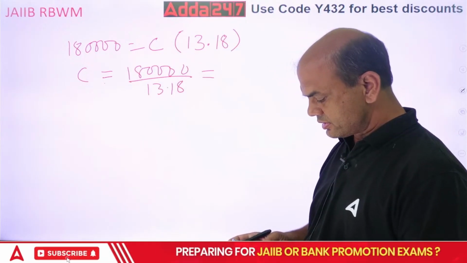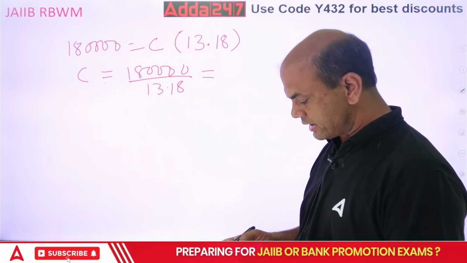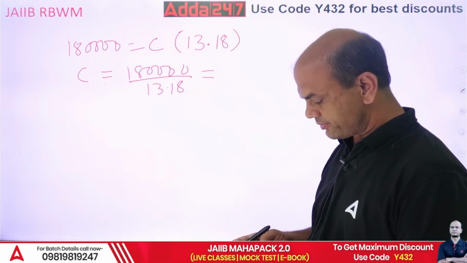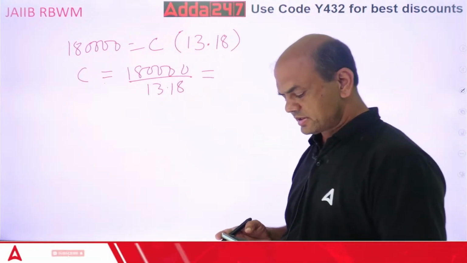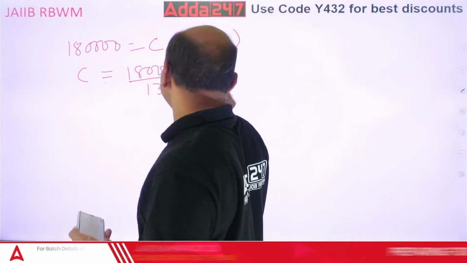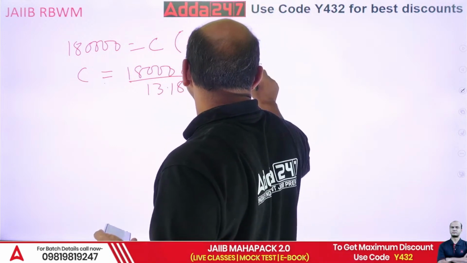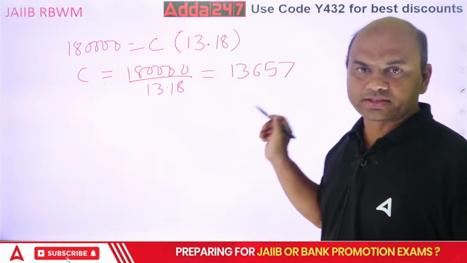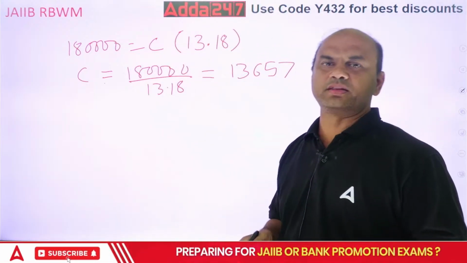1,80,000 divided by 13.18. I'm getting it as 13,657. Are you getting the same? This case study comes in the exam.